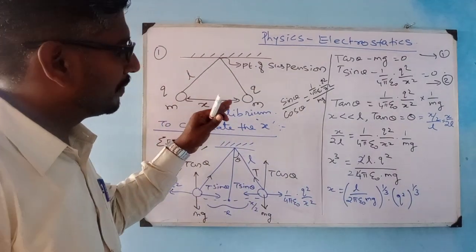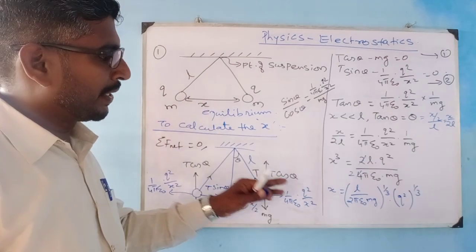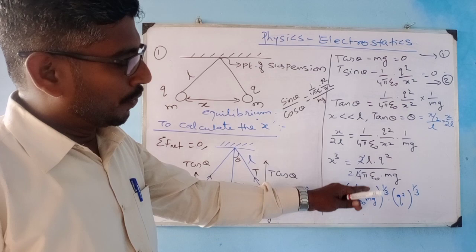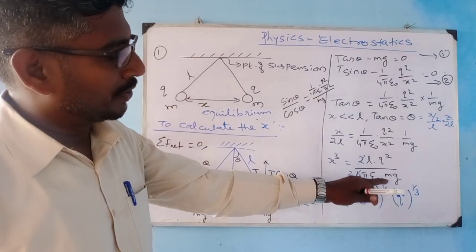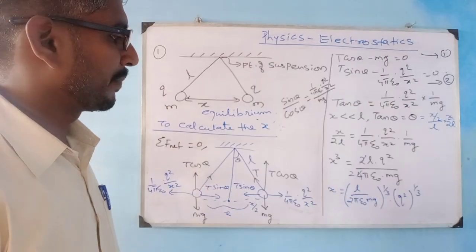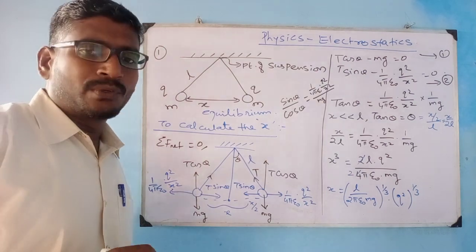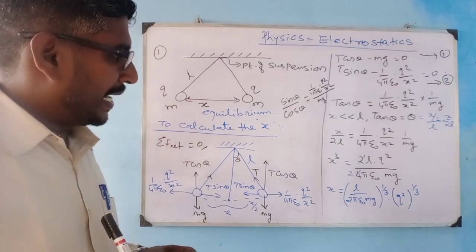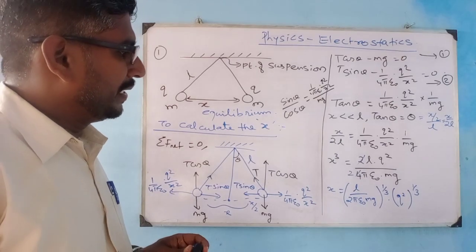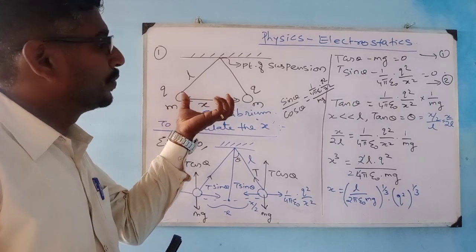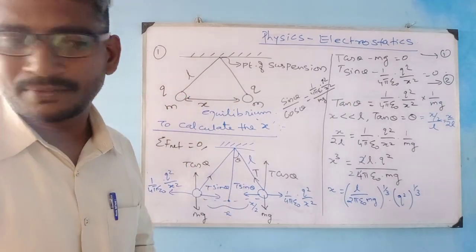So the distance between two charged spheres is x equal to L by 2 pi epsilon naught mg to the power 1 by 3, q square to the power of 1 by 3. Right. In some cases, the questioner may set a question asking what will be the rate of approach between these two charged spheres. This is the second part of the question.